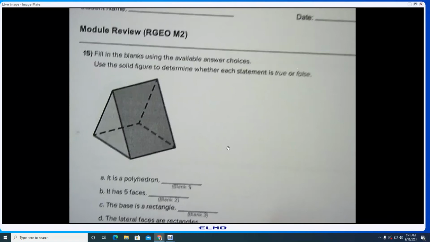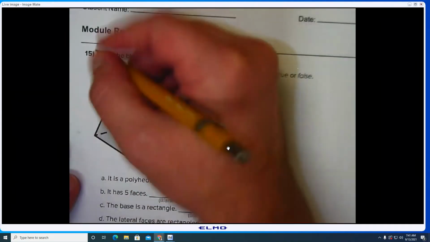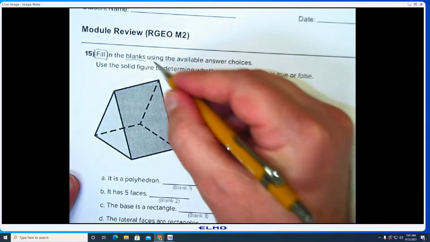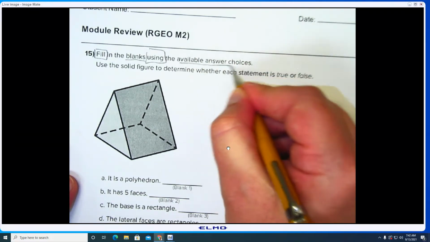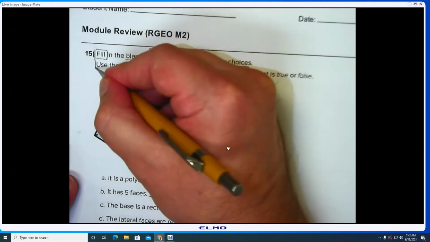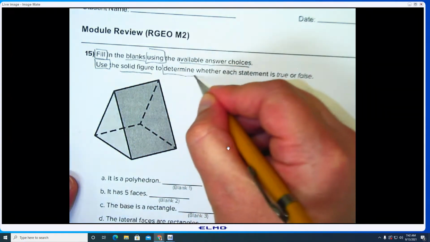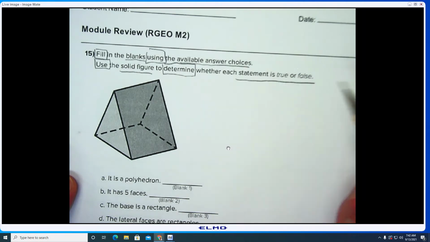Number 15. Okay. Fill in the blanks, and we're asked to use available answer choices. Use the solid figure. They want us to determine whether each statement is true or false.